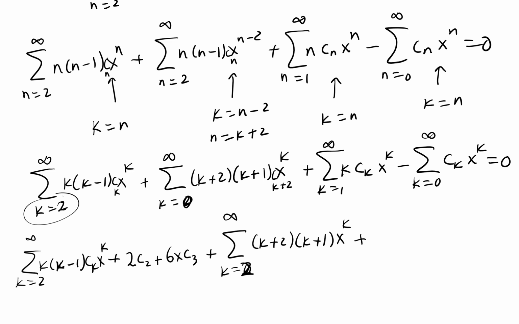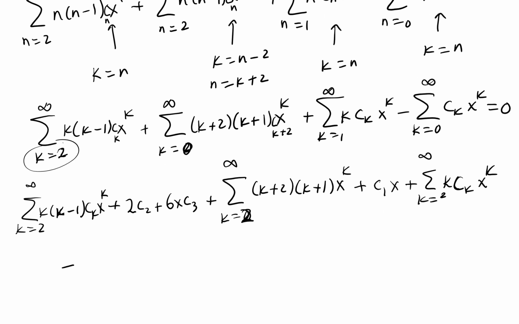K equals 1, you get c1 x, plus the sum from k equals 2 to infinity of k c sub k x to the k, minus c0, minus c1 x, minus the sum from k equals 2 to infinity of c sub k x to the k, equals 0.